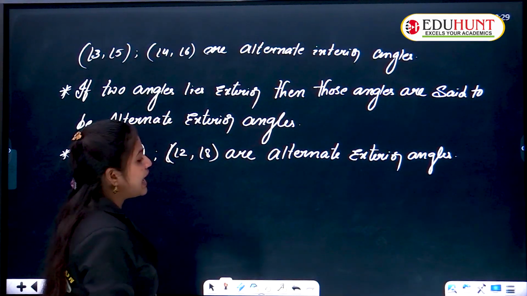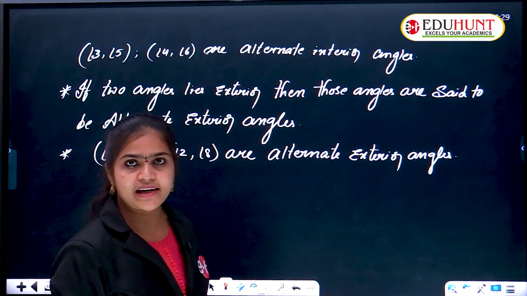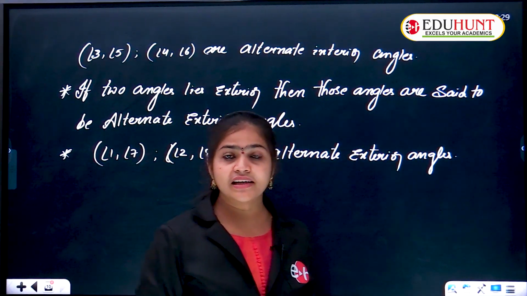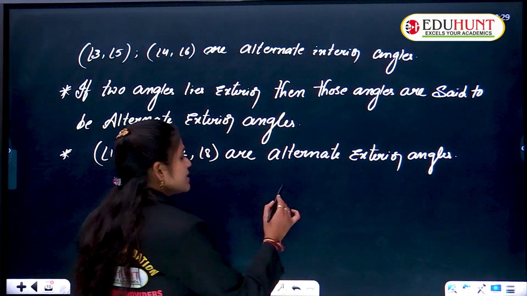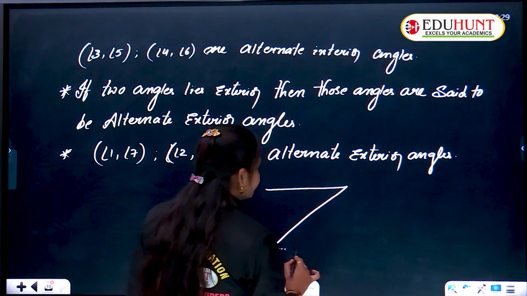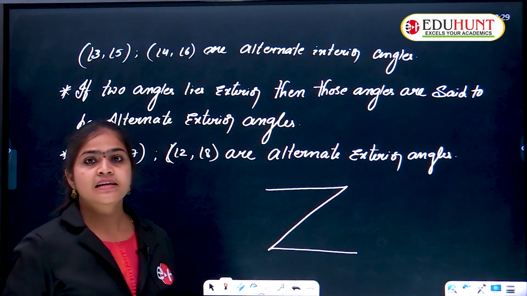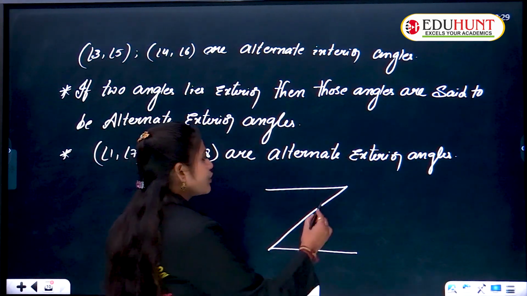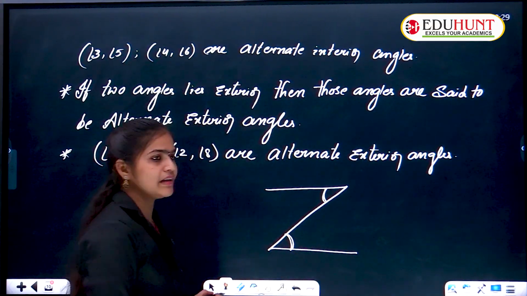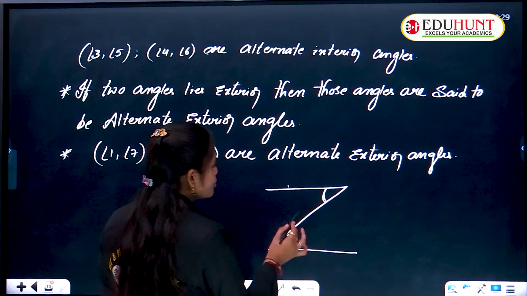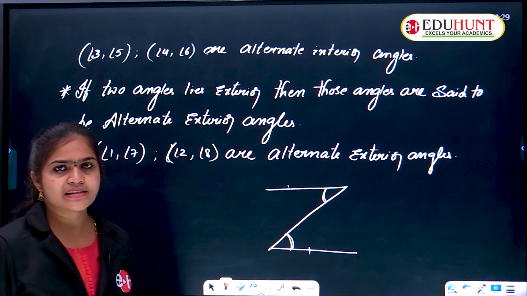Okay, ma. Now how to identify alternate angles in other questions. Always you can observe the Z shape. Which shape, ma? This is the Z shape. At that corner, which angle is there? This is also equal to the same angle. Just observe whether these two lines are intersecting lines or parallel lines.